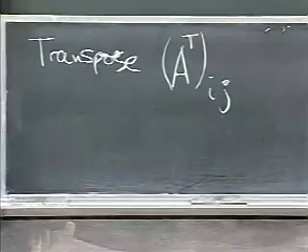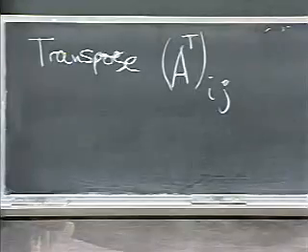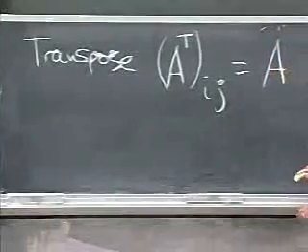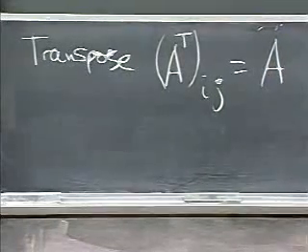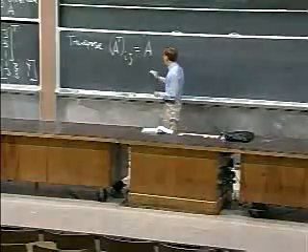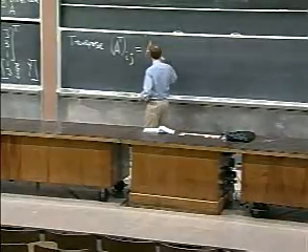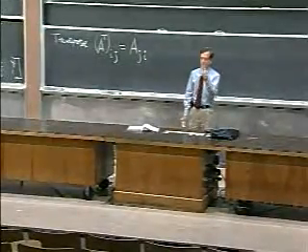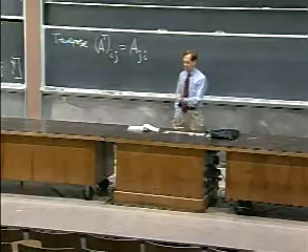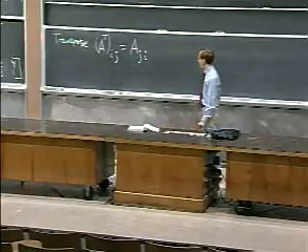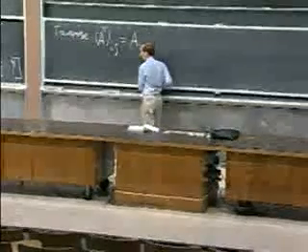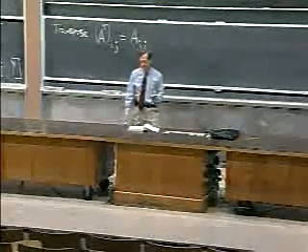Well, it came out of A by this flip across the main diagonal. And actually, it was the number in A which was in row J, column I. So the row and column numbers just get reversed. The row number becomes the column number, and the column number becomes the row number. No problem.